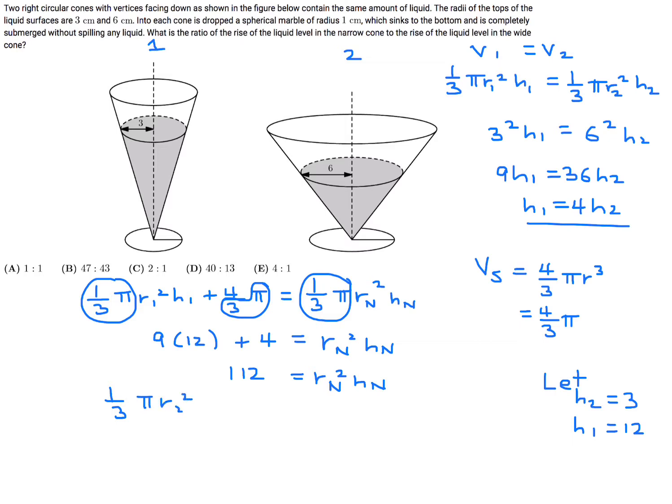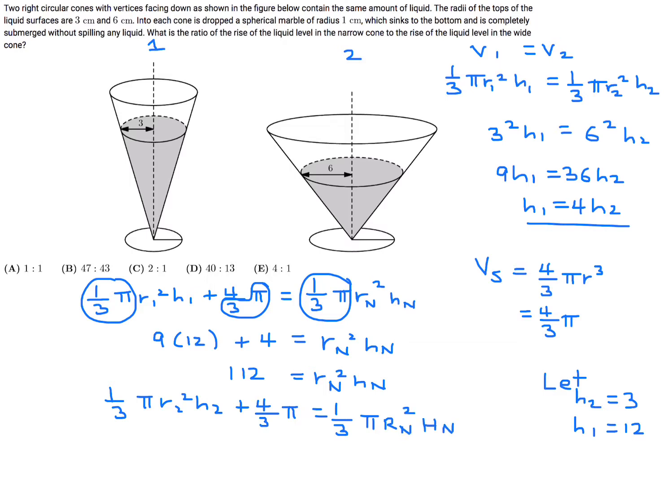So r squared h2 plus that sphere, 4/3 pi, and that is equal to 1/3 pi, I'll just call it big R, and that's R_n squared H_n.